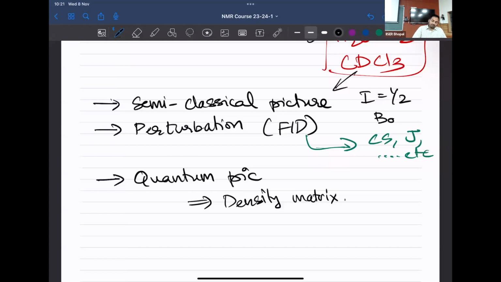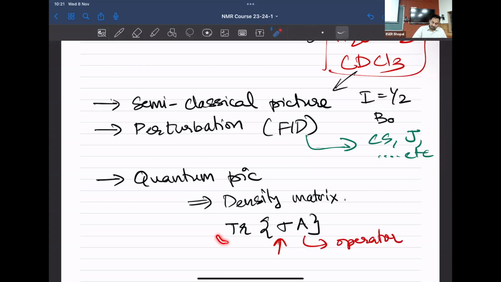Here we said this was important to do because if you take the trace of the final density matrix with an operator of our interest, and the trace is non-zero, you would be able to get the signal of desire. We literally repeated the one-dimensional NMR experiment with the density matrix formalism to understand how chemical shifts and scalar couplings end up coming, right?